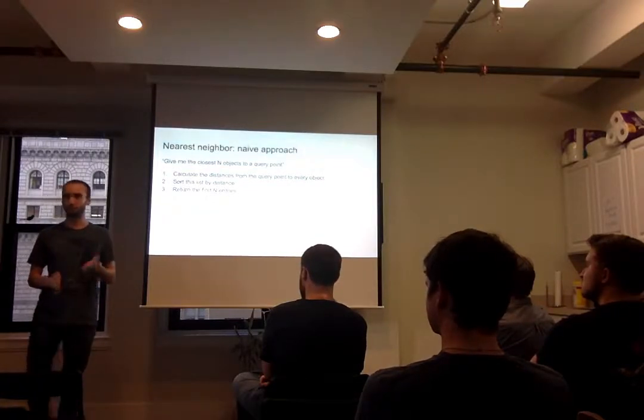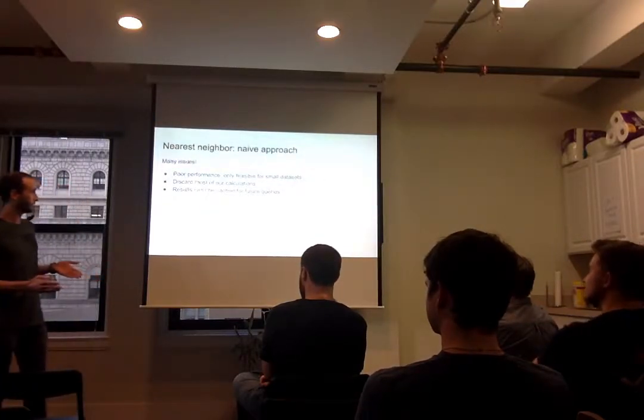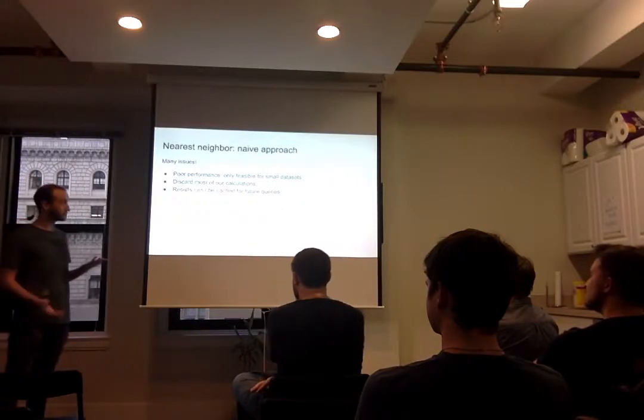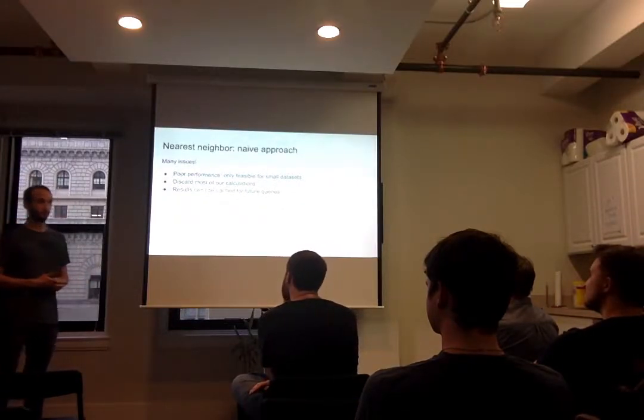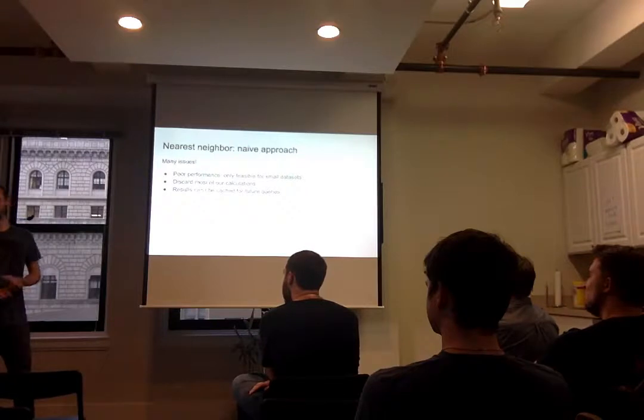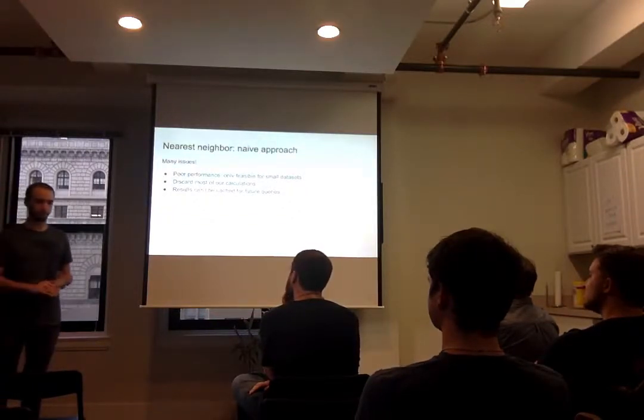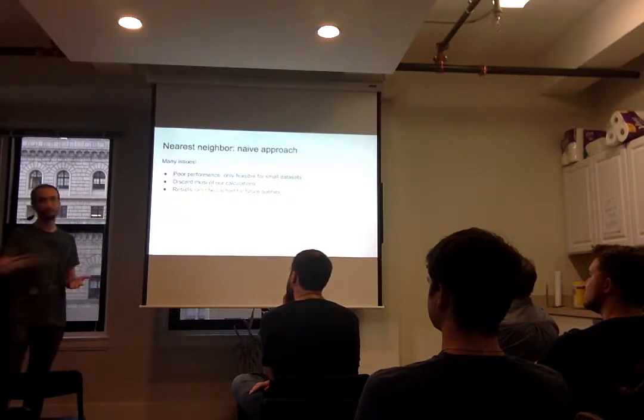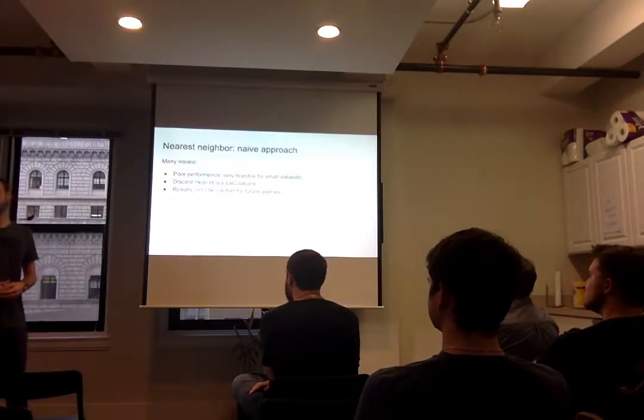And that's going to give us the closest points. Obviously, this is not going to be great because we're doing a ton of work that we're just discarding. If we only want 5 points, and we have to calculate it for 10,000 points, it's a lot of work that's going away.